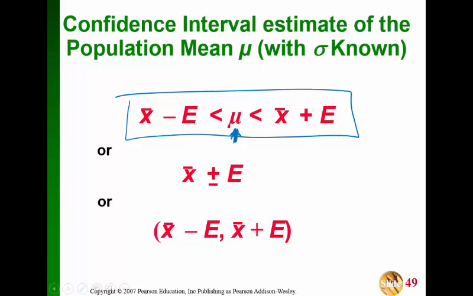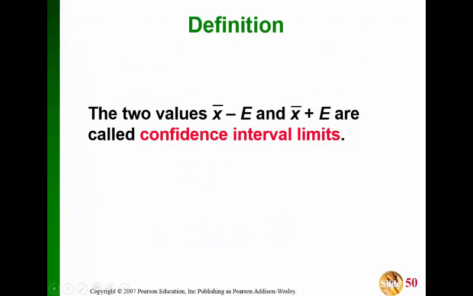You notice the other two don't have mu in it. The first one has mu because it's testing for the population mean, and so I like to see that. So it's the same setup as before, except we have different variables, different formulas.